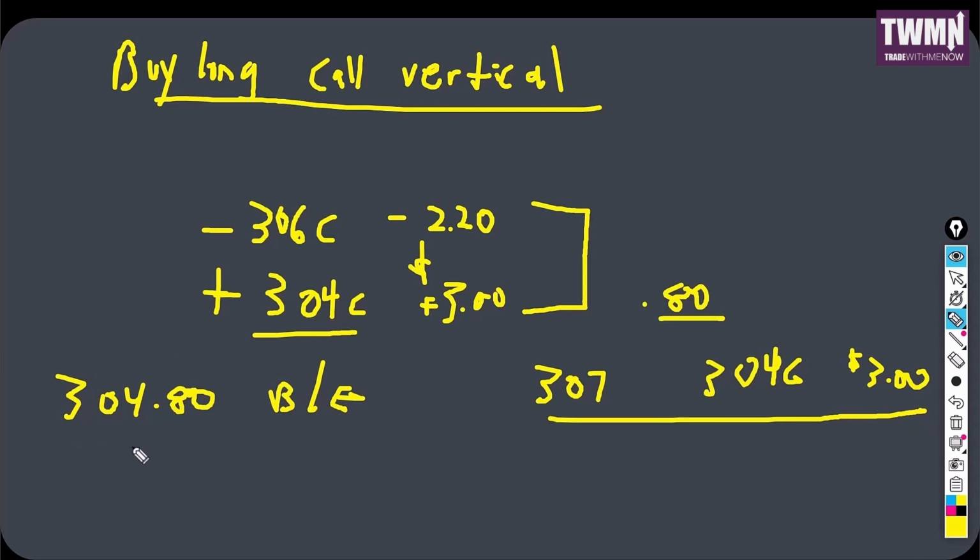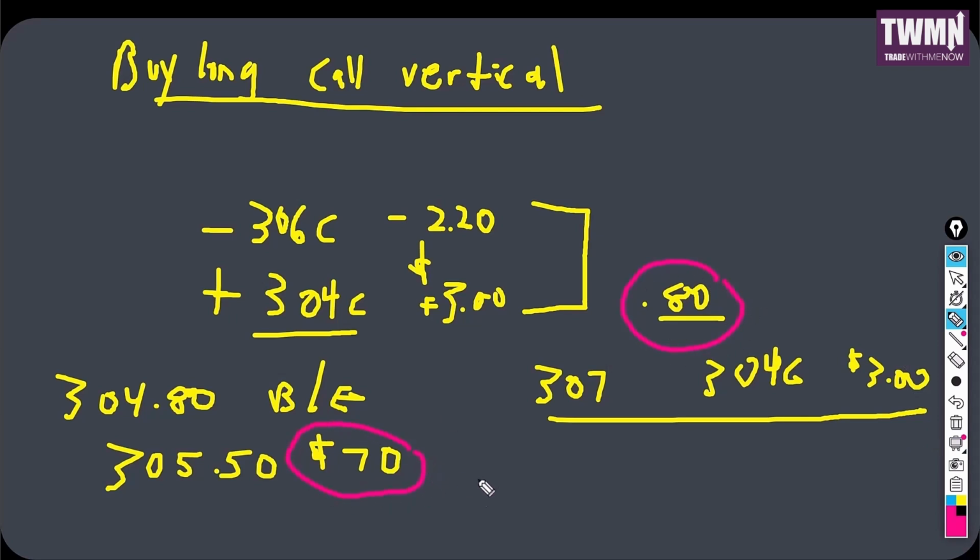So let's just do a couple of scenarios real quick. Let's say price goes up to 305.50. Well, if it goes up to 305.50 and my break even was 304.80, I made $70, didn't I? Well, if I made $70 on an $80 cost, let's just circle this here, right?